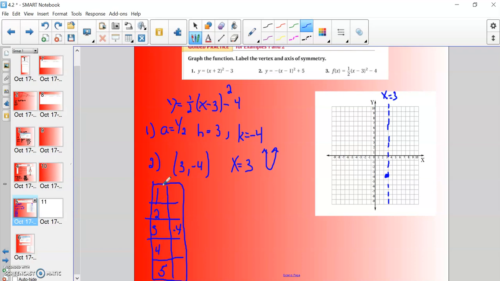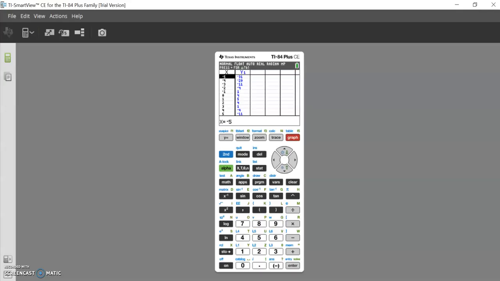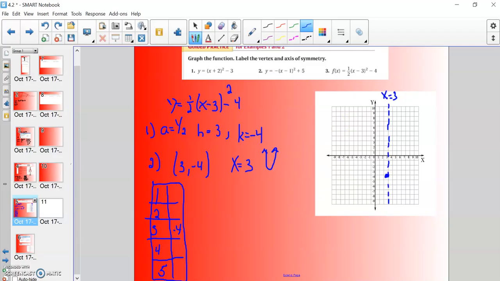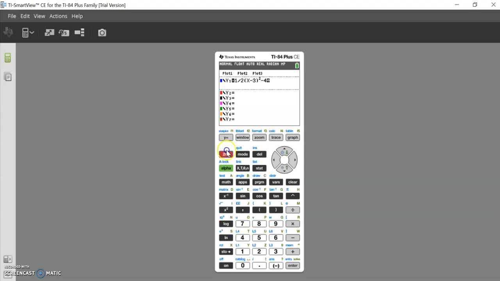So let's graph this. 1/2 times (x minus 3) squared minus 4. Is it minus 4? Perfect. So our table starts at 1 and goes to 5. So hit second graph.